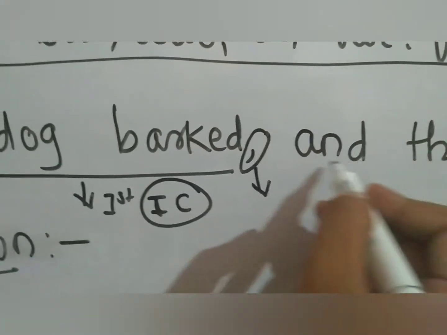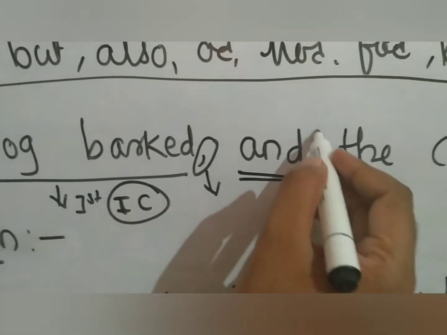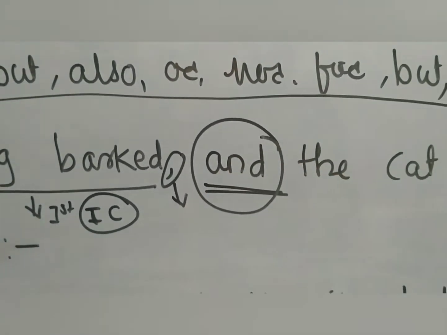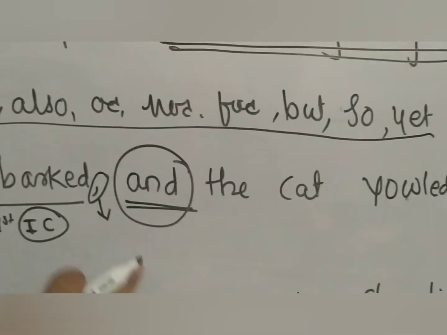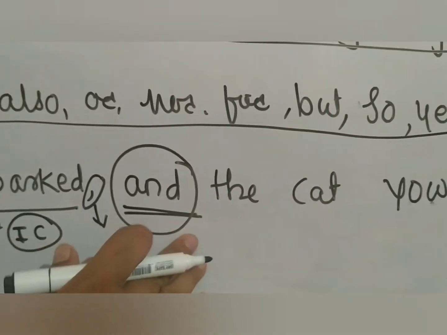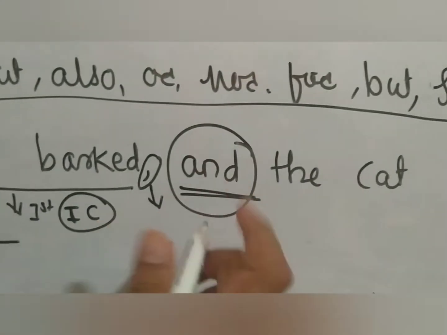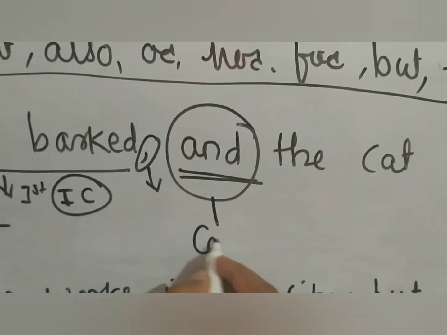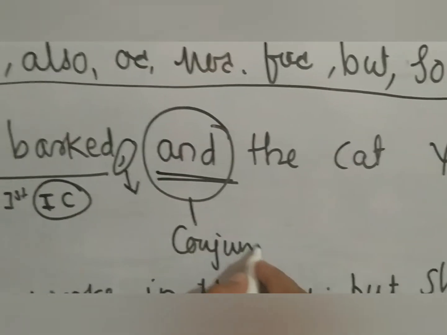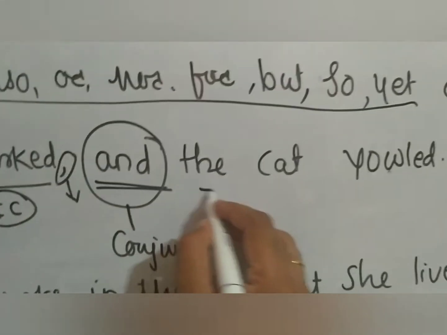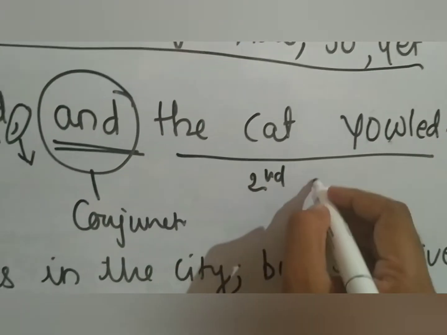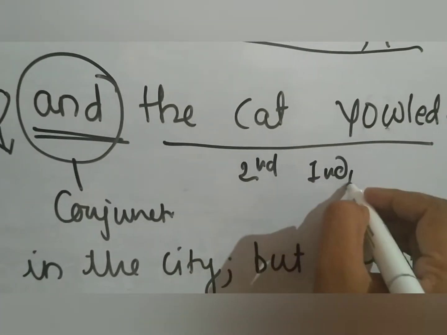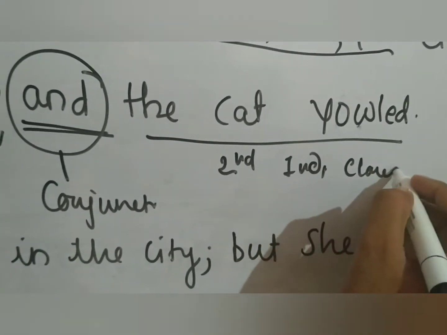Then we use a coordinating conjunction: and, but, so, yet. These are the coordinating conjunctions. So this is the conjunction, and the cat yowled is the second independent clause.